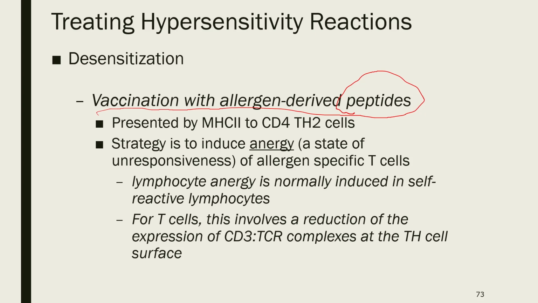The strategy is really to induce anergy. Anergy means a state of unresponsiveness of an allergen-specific T cell. So they are really trying to make them non-reactive to the particular allergen.